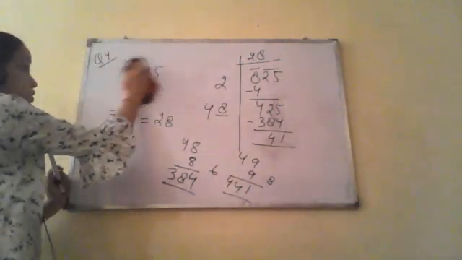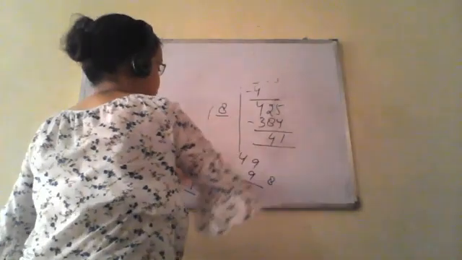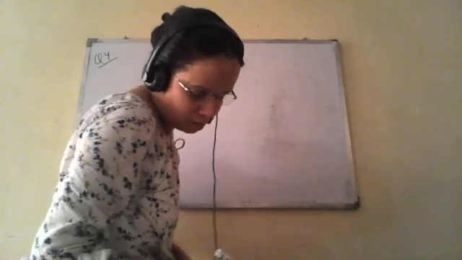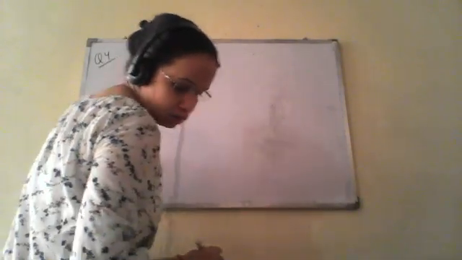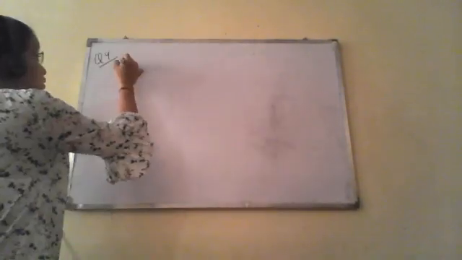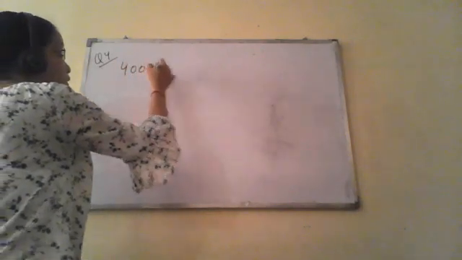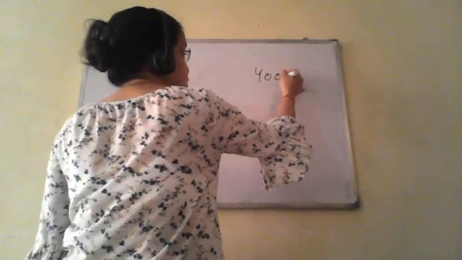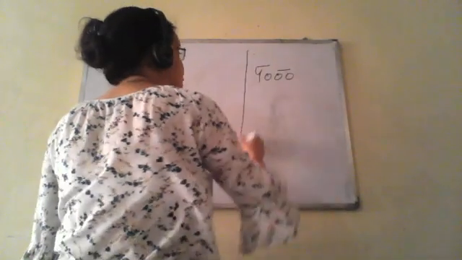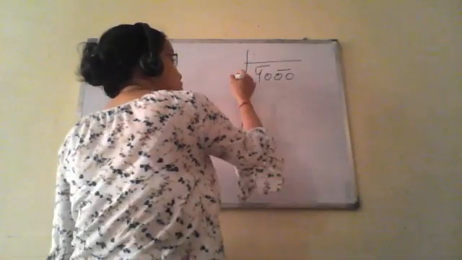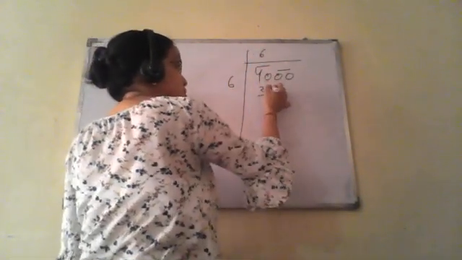Now the next part is 4000 plus something, 4019. This is 40. So this is 6. Square of 6 is 36.